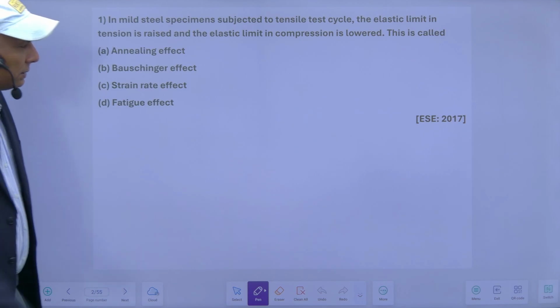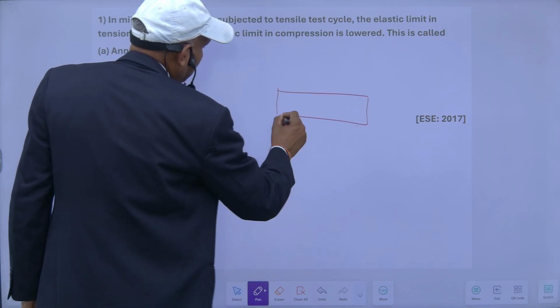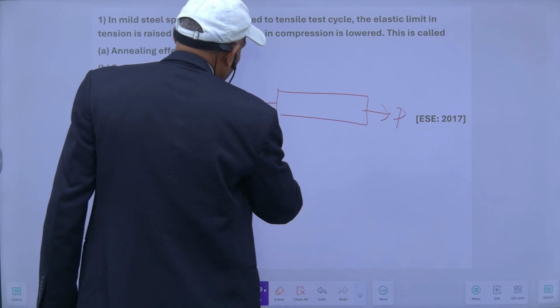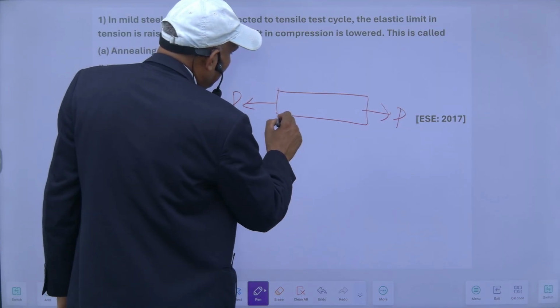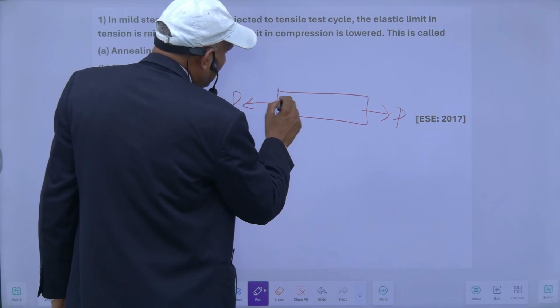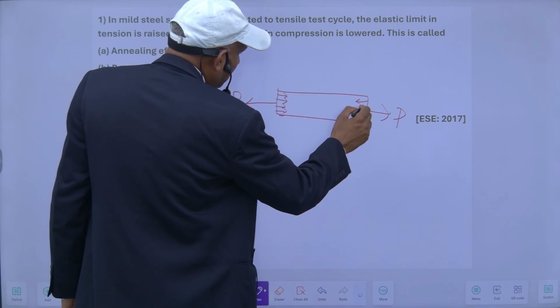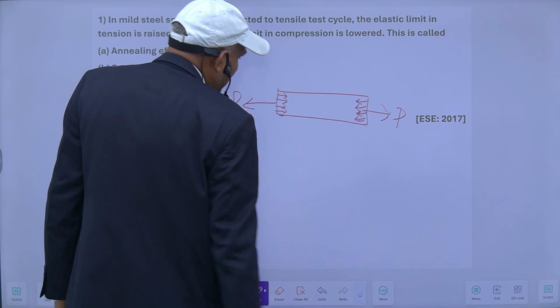Basically what happens, suppose this is my bar and I have applied a tensile load. Then what will happen? Here the stresses will be of opposite nature at both the ends. So this is compressive in nature.